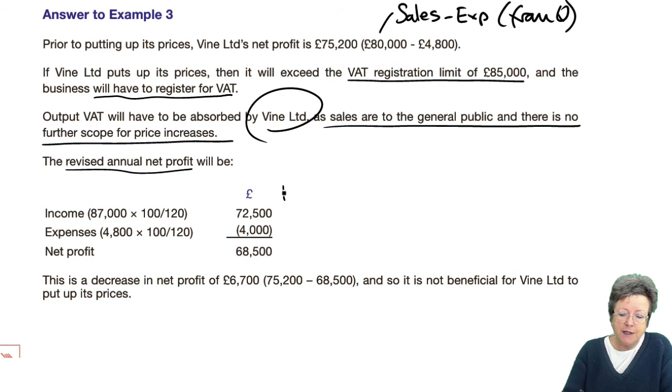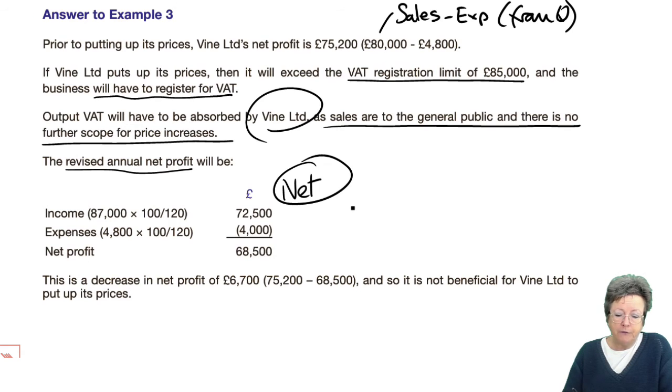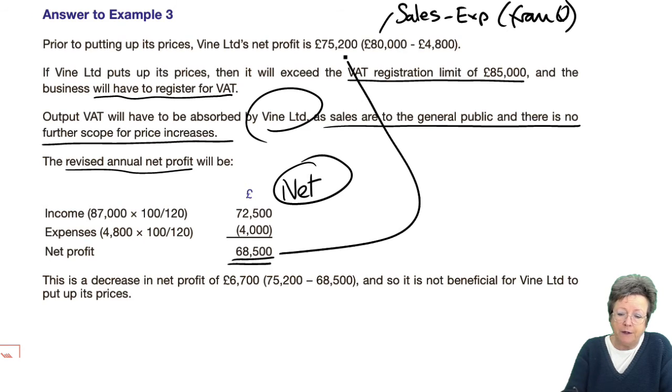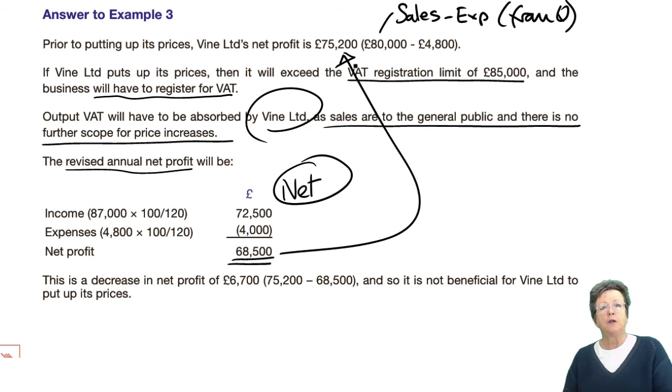Okay, so this is the net sale, net profit after VAT, less the expenses, which gives them a net profit of that. Now, before, their net profit was 75,200 without VAT attached to it. So it's decreased their profit, and it's not beneficial for them to put up their prices.